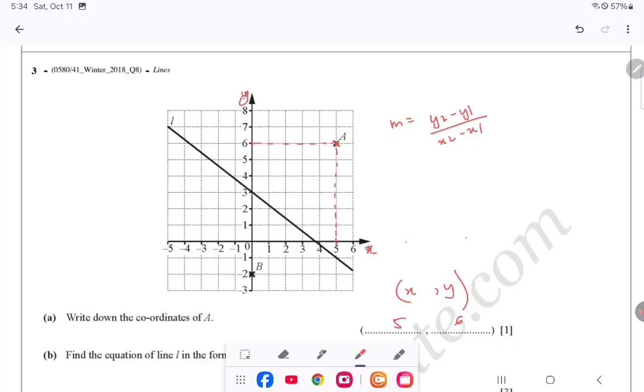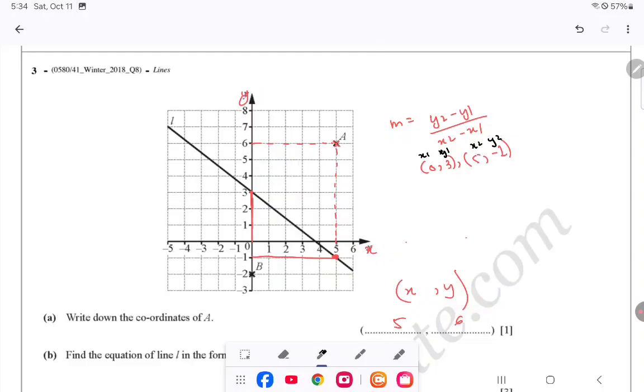I am choosing the point where the line is touching, which is 0, 3, and another point, this one here where the line is crossing, 5, negative 1. These are x1, y1, x2, y2.